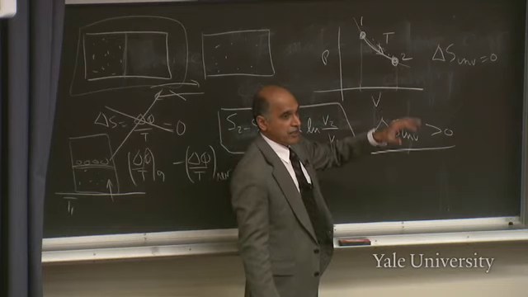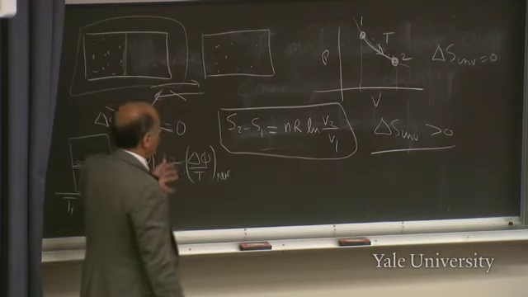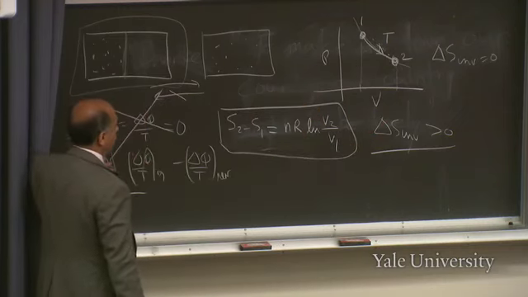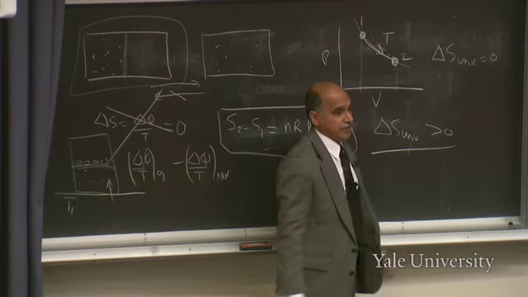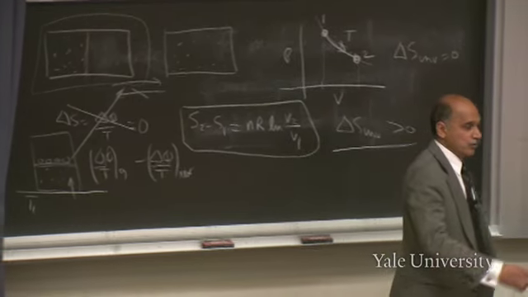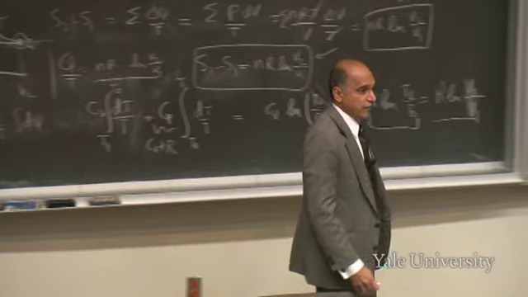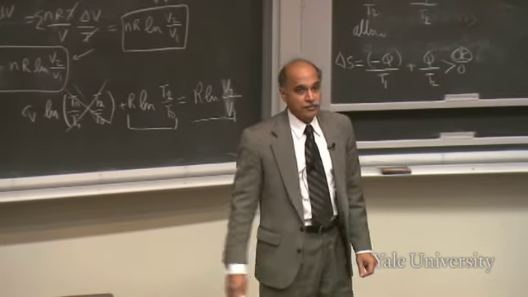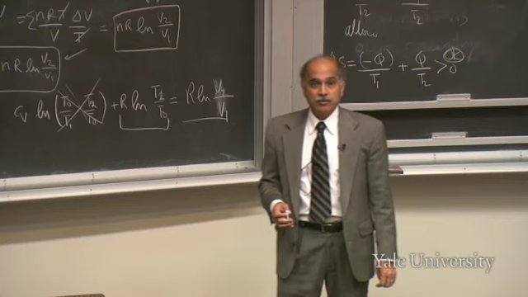To find that increase, I create a second process in which I can compute the change by letting it go in a sequence of connected dots and finding the change. So the way you find the change in entropy is not the way the entropy increase took place in the real process. I don't think I want to repeat it anymore, but it's an important point, and you should really think about that.